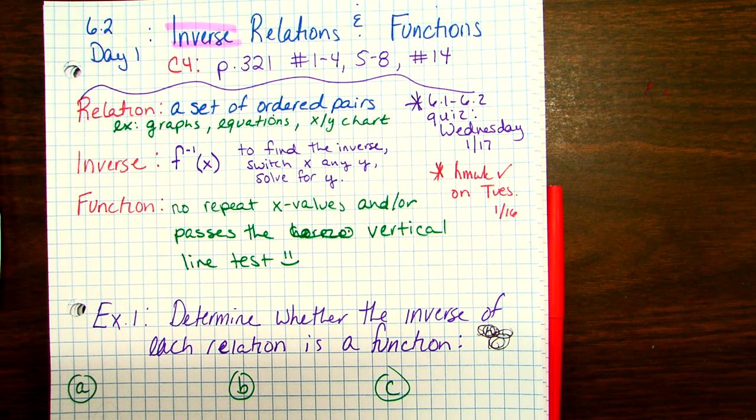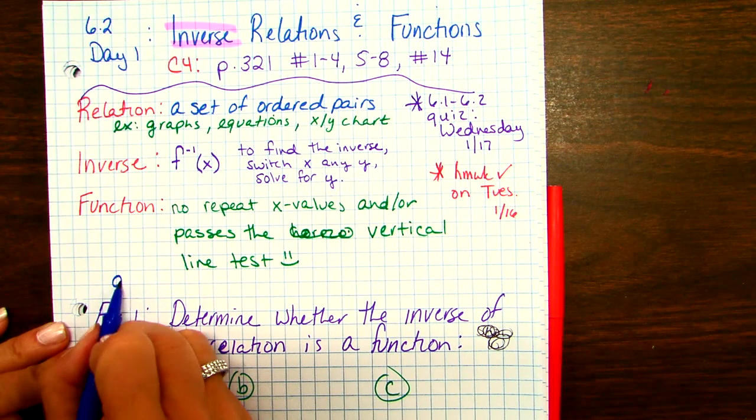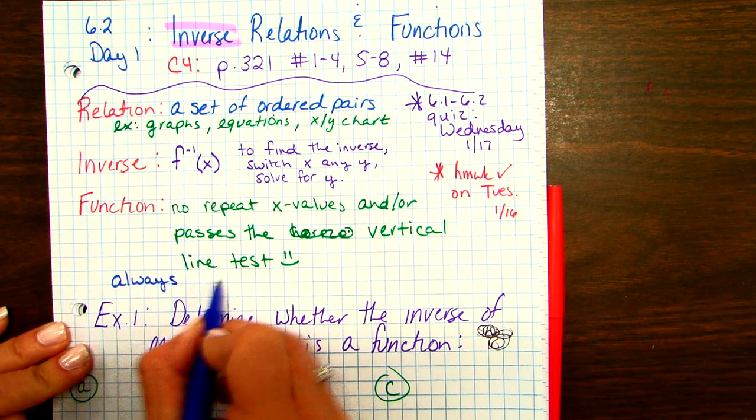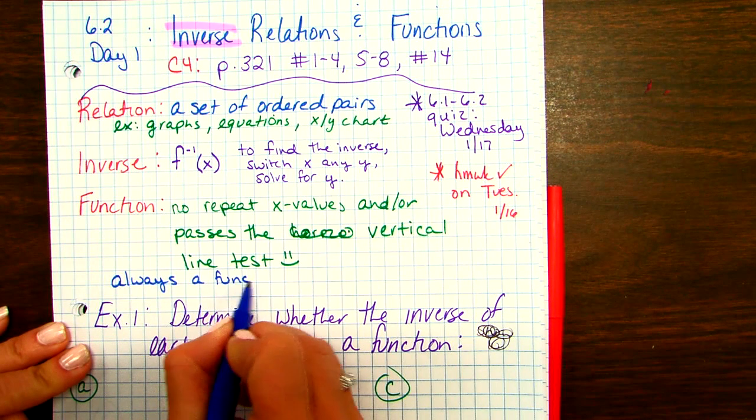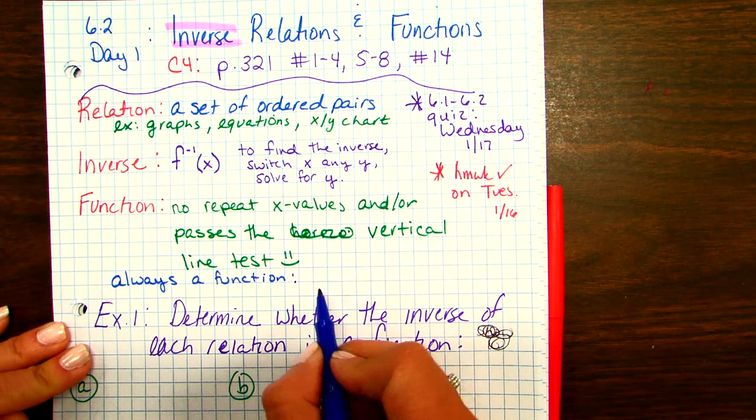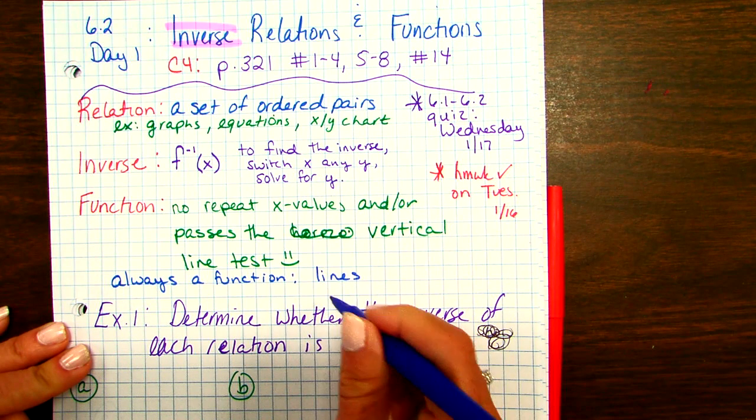So a good thing to kind of memorize, because they come up all the time, is there's a few types of relations that are always functions. You might as well just know it, and that's lines and parabolas. So I'm just going to add that here. Always a function. All lines are functions. You know what a line is.